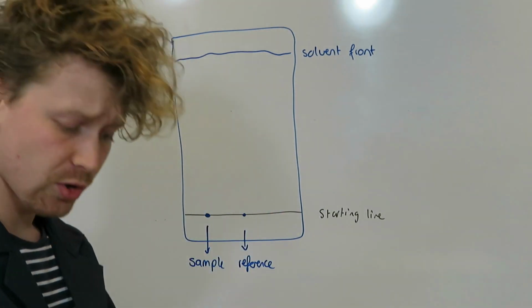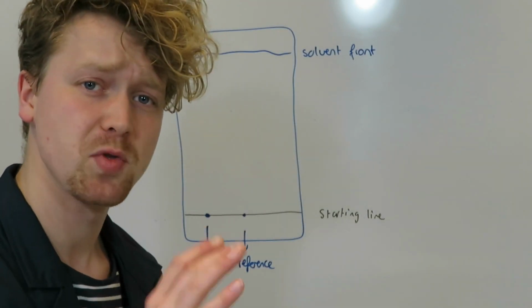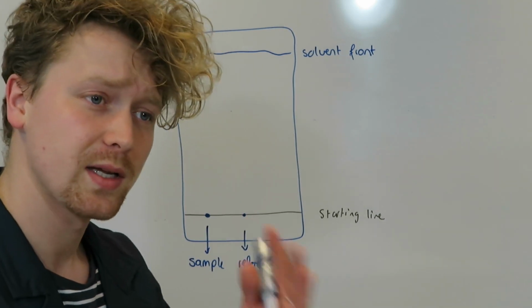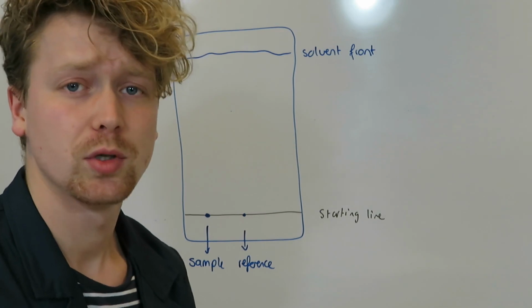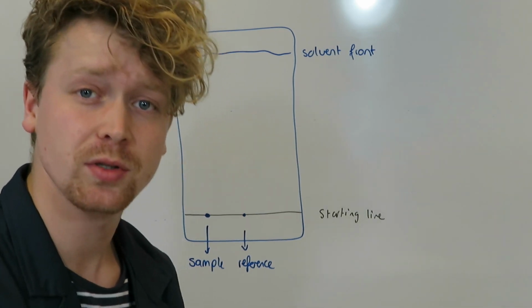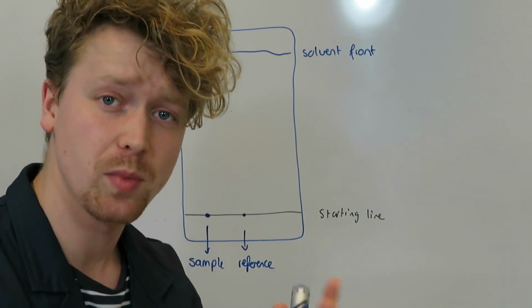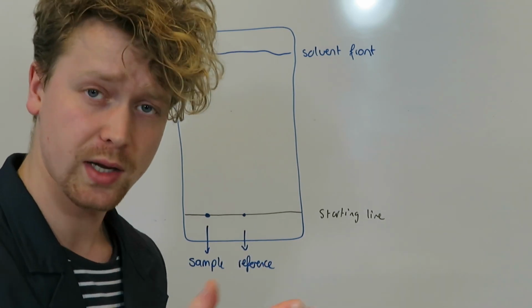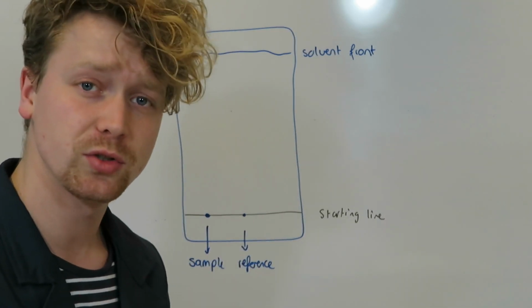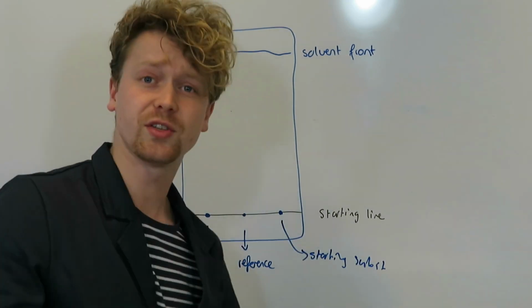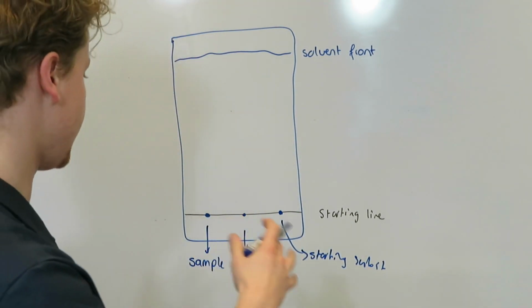Then I can place a third dot. I do not want to place too many dots because then it can get a little bit messy. The third dot could be a starting substance. So if I want to know if my reaction was complete, then I can test if my sample still contains some of the starting substance. And let's just imagine that I get this.